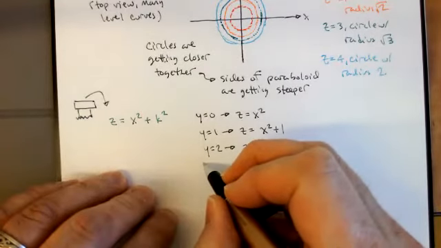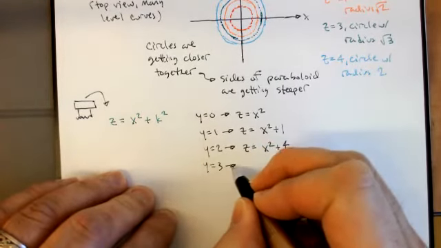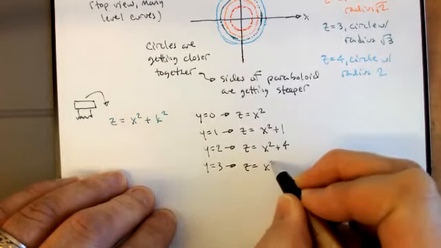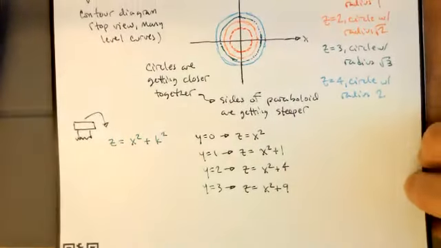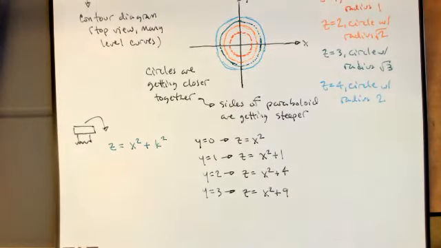If y equals 3, we get the parabola z equals x squared plus 9. So once again, as y increases, we can see the side of our surface getting steeper.